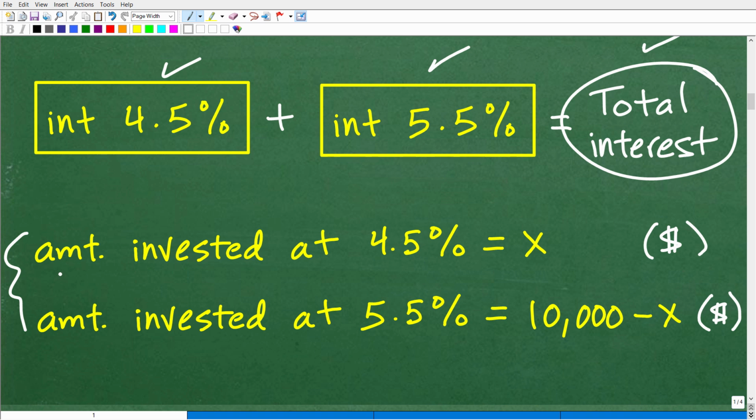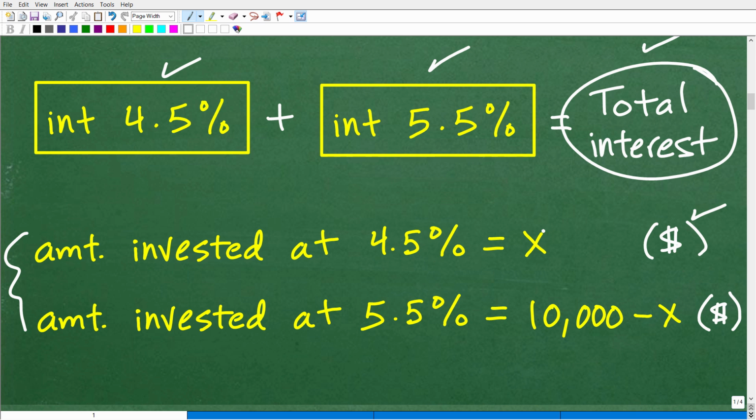So the amount invested at 4.5%, we'll let the variable X represent this amount. And this amount here will be in dollars. You need to be clear about that because we are dealing with dollars here, right? So X will be how much money we invested into the 4.5% account.